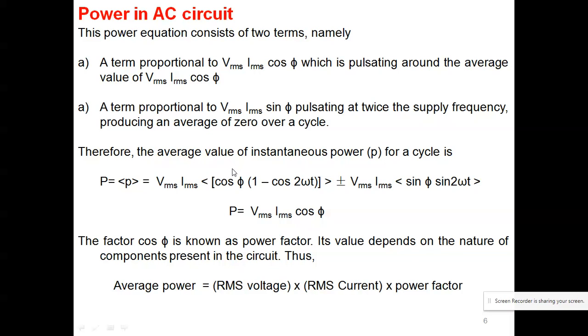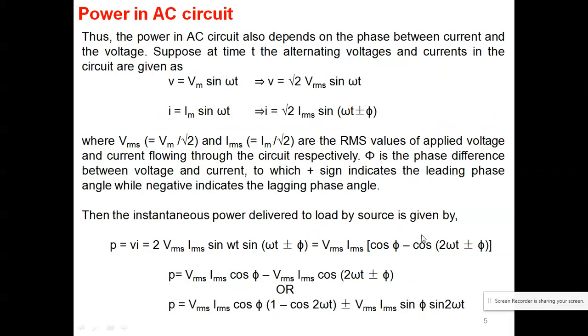And the second term is proportional to this term, and it is pulsating at twice the supply frequency, producing an average of zero over a cycle. You can see from the last slide why I'm saying twice the supply frequency, because we have 2 omega here.